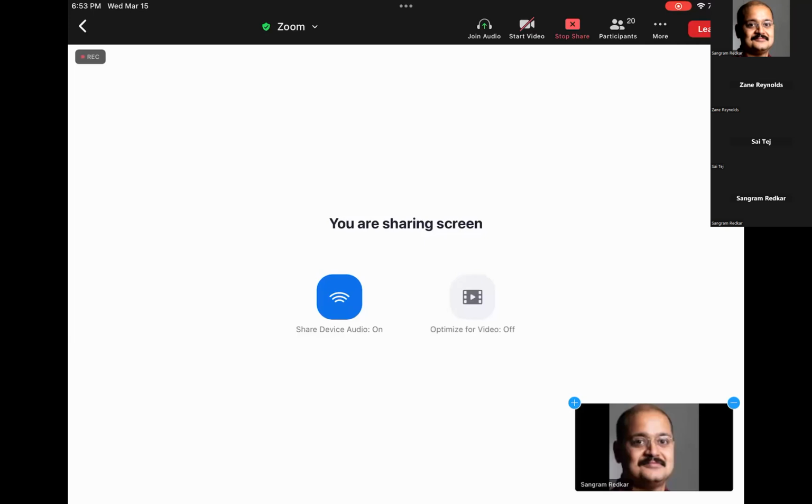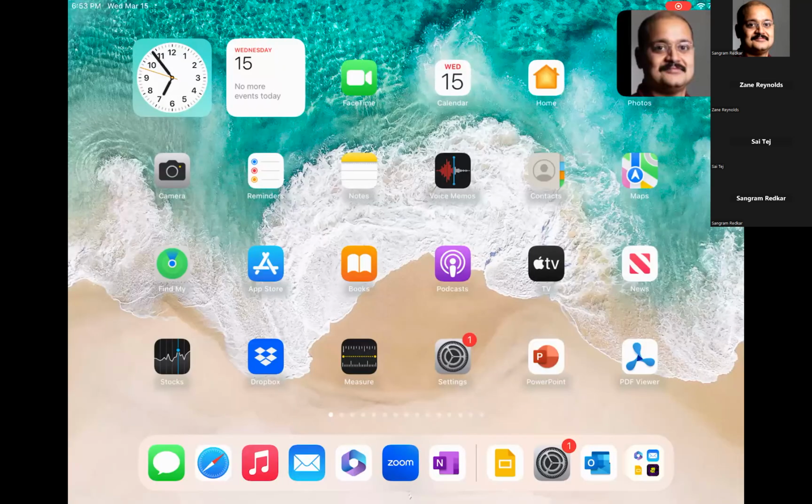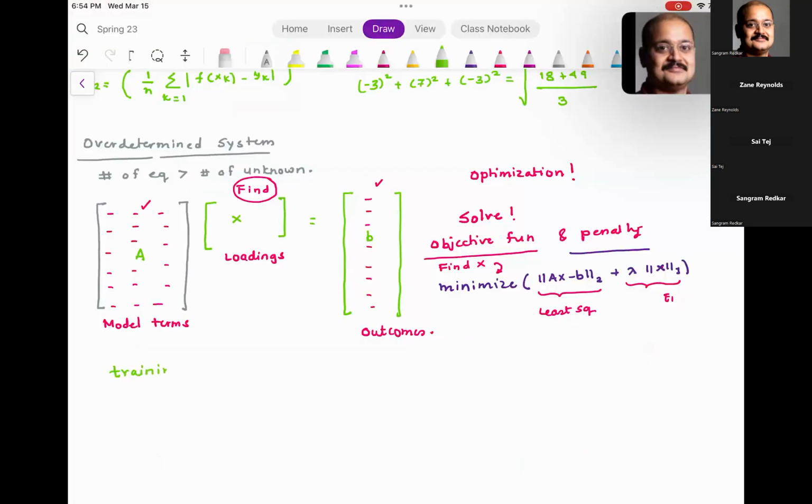So the way to find this is typically just like any neural network. You have a training data set and you have a validation data set. So you have this whole data set, and out of this whole data set, you would have a partial data set that goes onto training, and then you have some partial data set for validation, and many times you will have a small subset of the data set, the test data set.